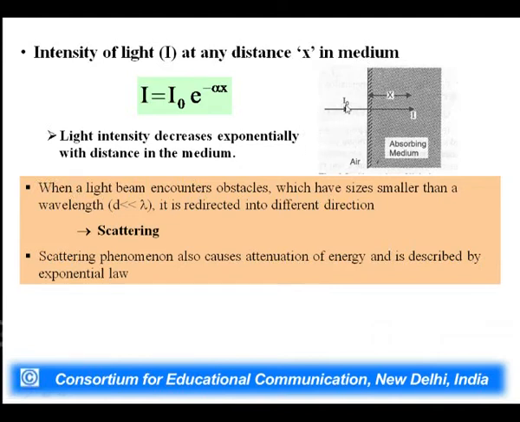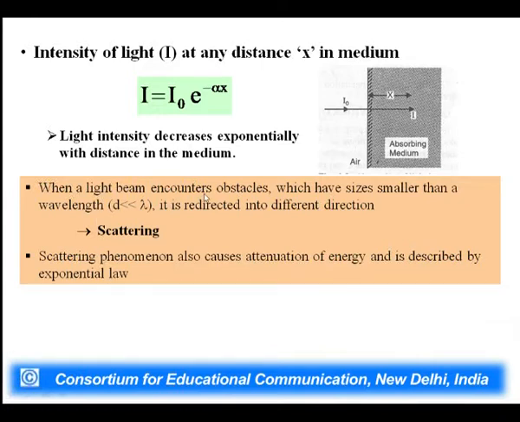Light is coming in, I naught is the incident light which is absorbed by the medium, and this is I. Then the intensity of absorbed light is I naught e power minus alpha x. Light intensity decreases exponentially with the distance in the medium. As the distance increases, the intensity of light automatically decreases.